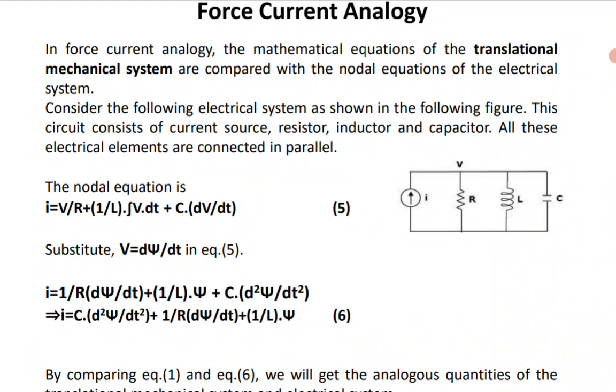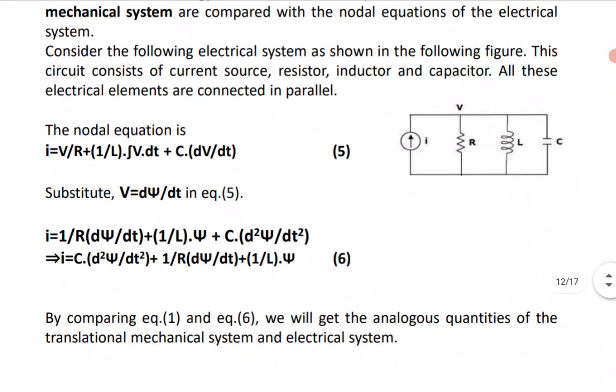When we substitute V is equal to d psi by dt in equation 5, it generates I is equal to 1 by R into d psi by dt plus 1 by L into psi plus C into d2 psi by dt square. Rearranging, I is equal to C into d2 psi by dt square plus 1 by R d psi by dt plus 1 by L into psi. So equation 6 is a second order differential equation with the variable psi.